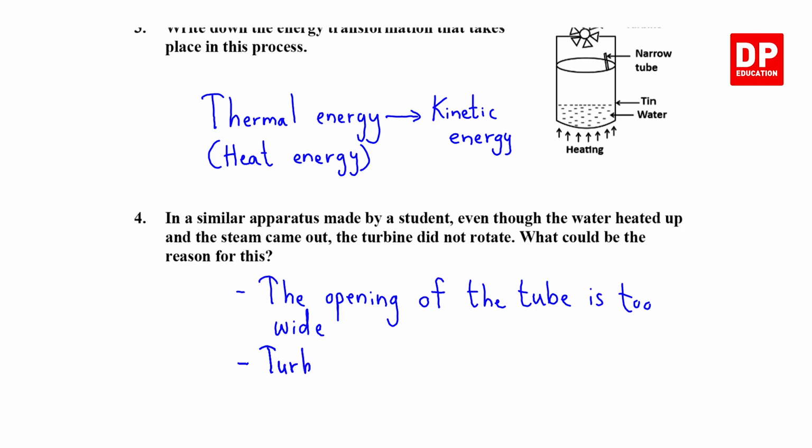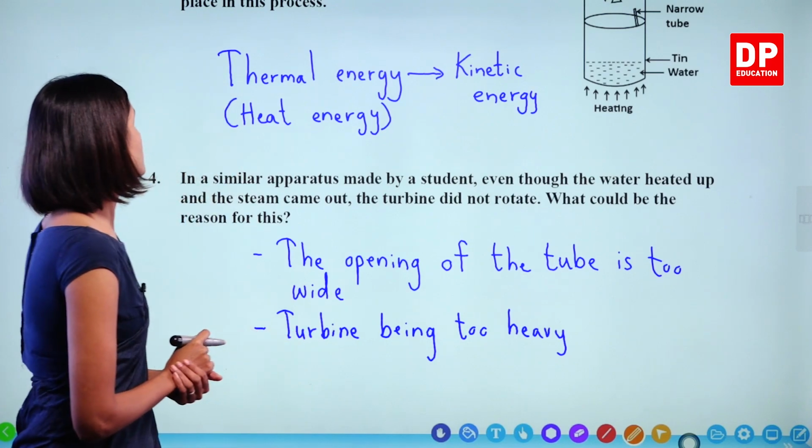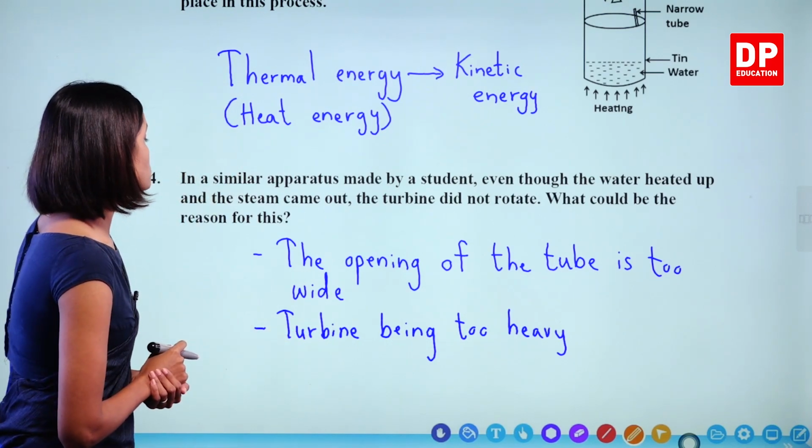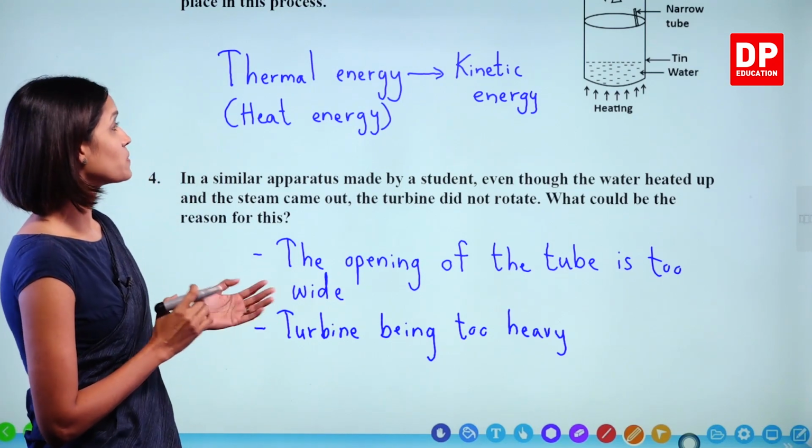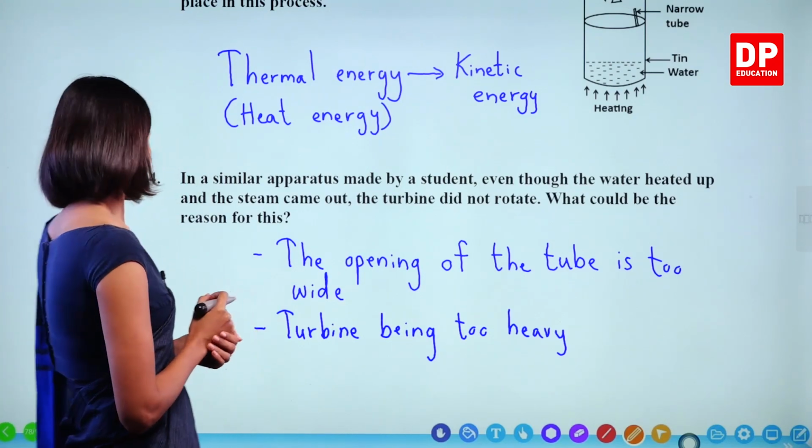Turbine being too heavy. The opening of the tube is too wide. Turbine being too heavy, right? These could be the reasons. Right.